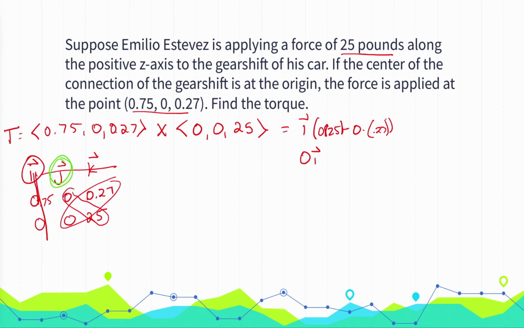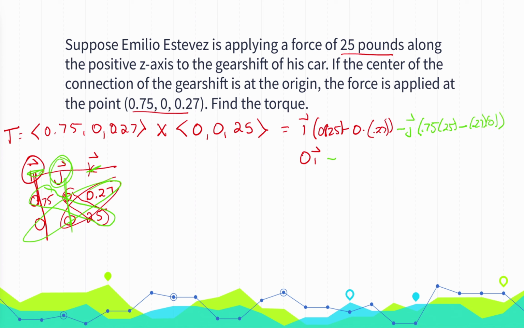Then we're going to find j. Remember, we minus j. Cross out the row with the letters, cross out the j column. We do the determinant of what's left. So that's going to be 0.75 times 25 minus 0.27 times 0.